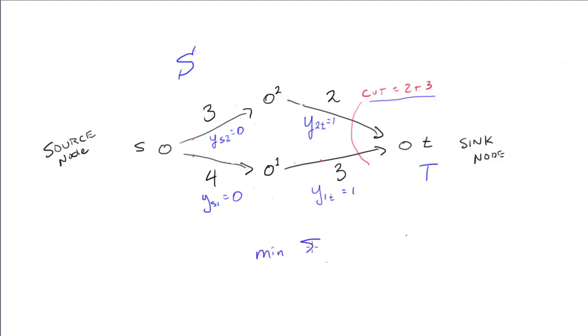So I want to minimize the capacity times a y value where I've separated the nodes into S and T. Well, then that means I need to define node values, so I know which nodes are in S and which nodes are in T.